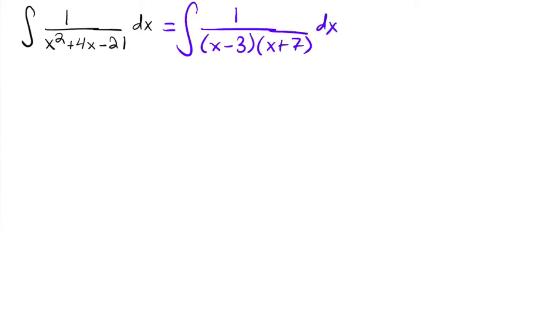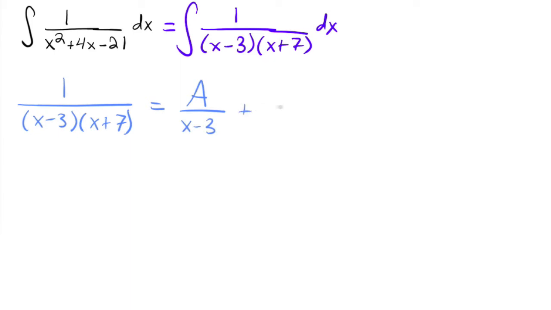Okay, so once we do that, we know that this fraction, 1 over (x minus 3) times (x plus 7), can be written as A over x minus 3 plus B over x plus 7.